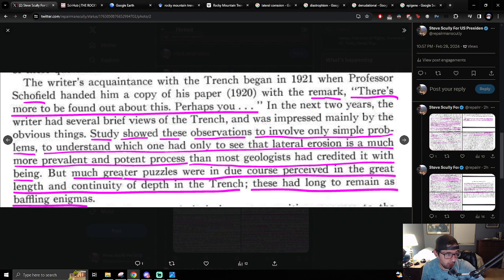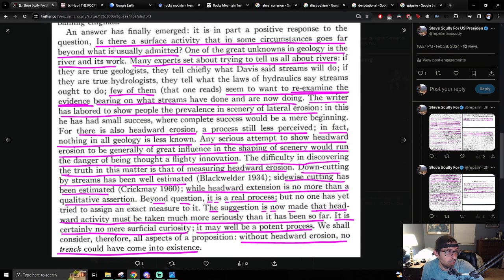But much greater puzzles were in due course perceived in the great length and continuity of depth in the trench. These had long to remain as baffling enigmas. Is there a surface activity that in some circumstances goes far beyond what is usually admitted?